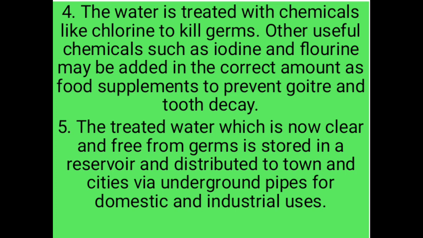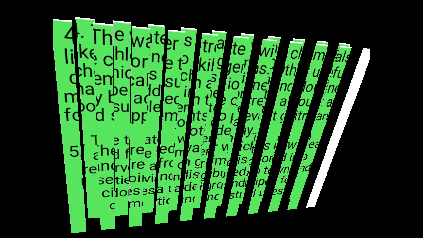Iodine, what is the work of iodine? To prevent goiter. What of fluorine? To prevent tooth decay. Now after that, the treated water, which is now clear and free from germs, is stored in a reservoir and distributed to towns and cities via underground pipes for domestic and industrial uses.